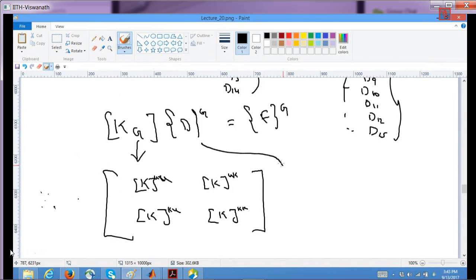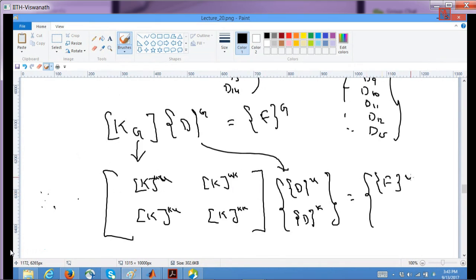So this can be written with D unknowns, D knowns, and FU, FK.